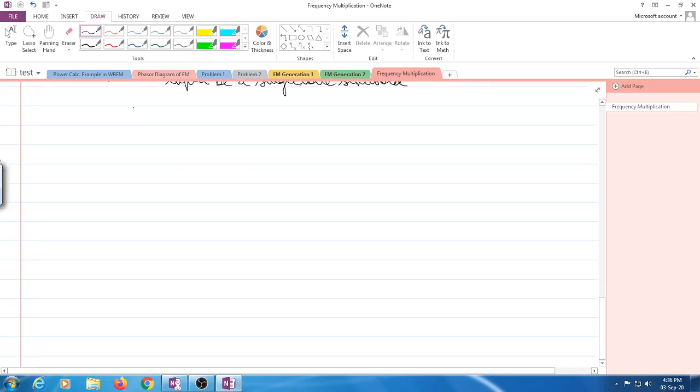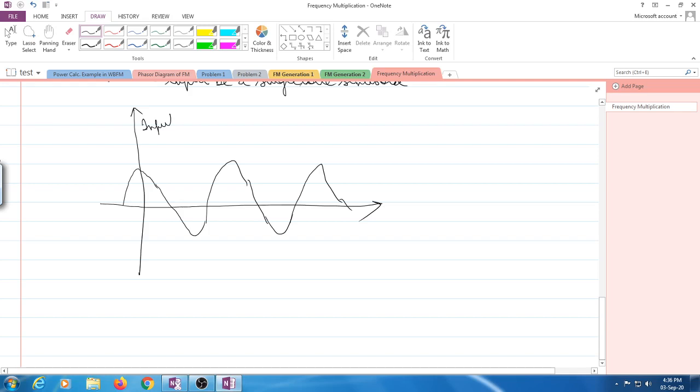The figure, you have a look. Let this be something like this. A single tone sinusoid, input to frequency multiplier. This is T.